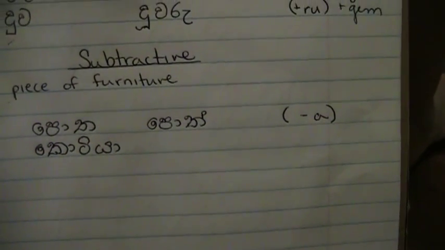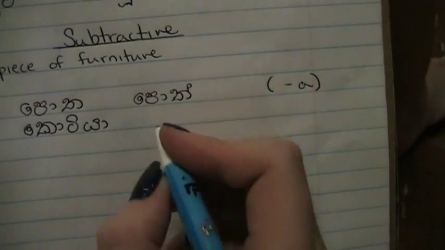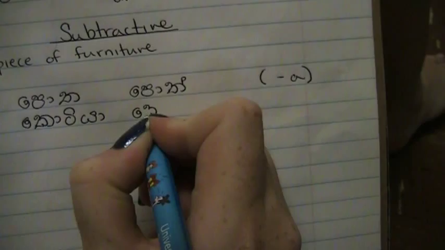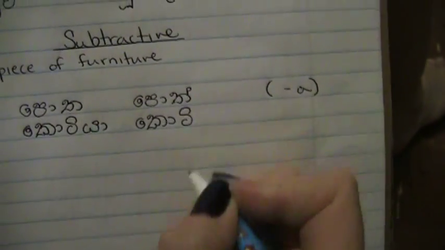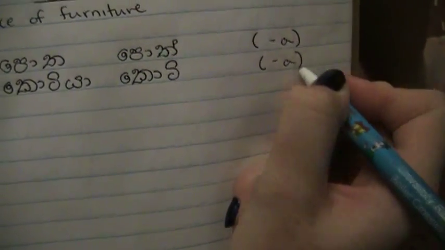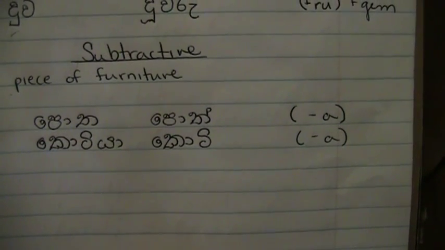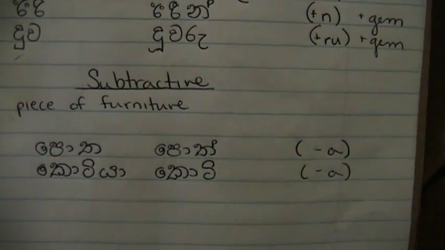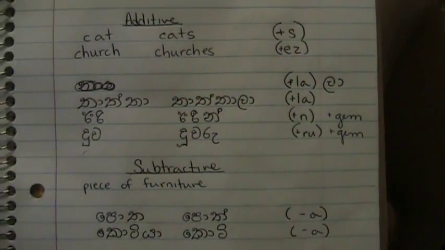And then to make it plural, you subtract the a sound, so it becomes koti. Again, you just subtract the a. So anyway, those are all the patterns to make plural nouns in Sinhala for both the additive and subtractive patterns.